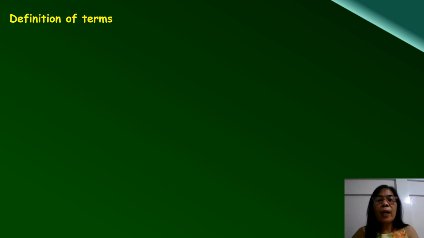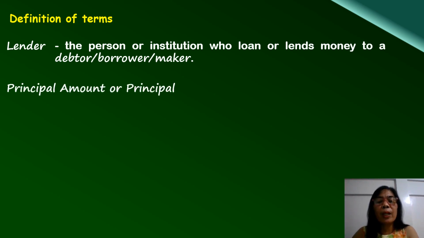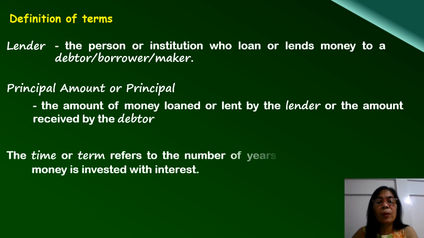We are going to define some terms which are used in investment problems. Lender: a lender is the person or institution who loans or lends money to a debtor, who is also called the borrower or the maker. The principal amount, or simply principal, is the amount of money loaned or lent by the lender, or the amount received by the debtor.